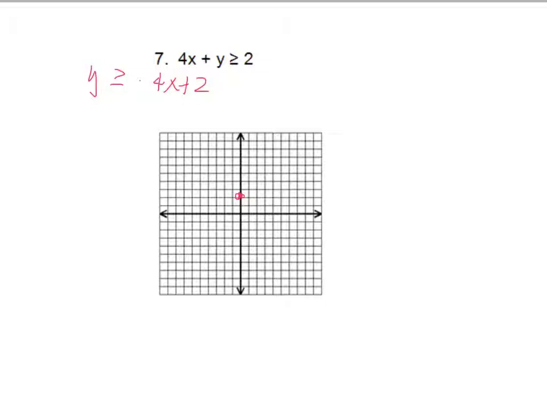So if I plot my points, all right, now I need a solid line because it's equal to. Now it's greater than, so that means I'm going to shade above the line.